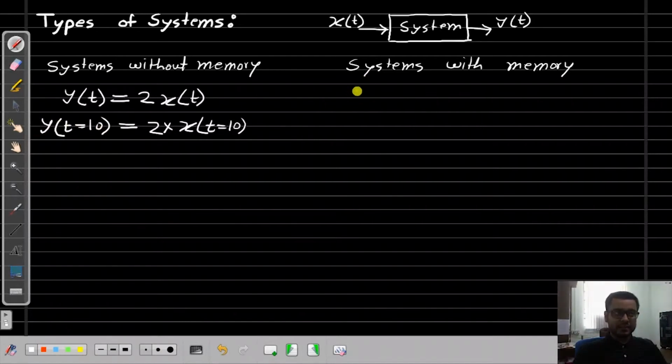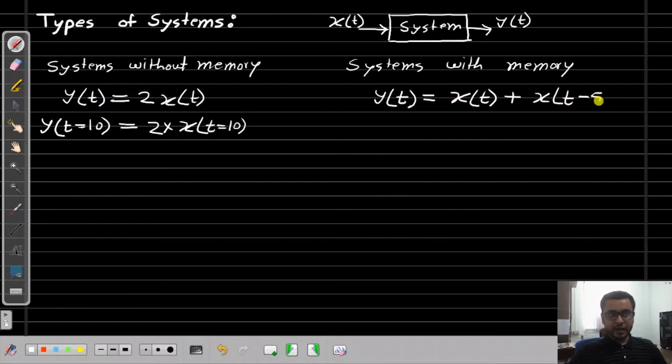On the other hand, suppose I have a system whose output is given as x(t) plus x(t minus 5). In this case, to calculate the value of the output at time 10 seconds, I need to know the value of the input at time 10 seconds as well as the input at time 10 minus 5, which is 5 seconds.